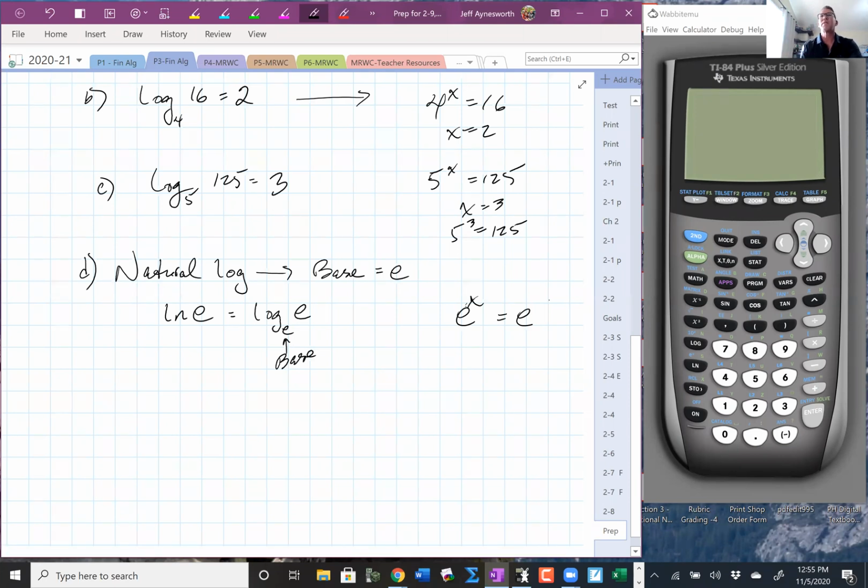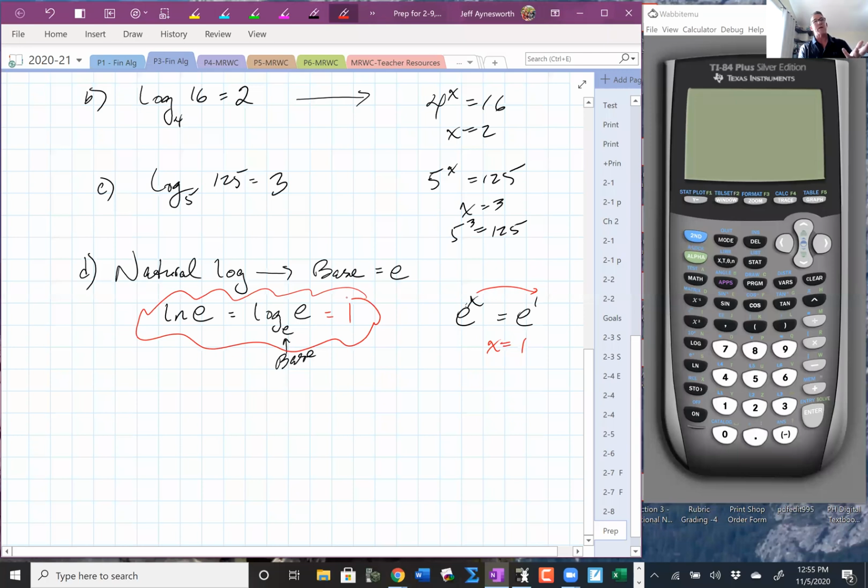Yeah, it's 1. So if I put a 1 there, look at this. X has to be 1 here, guys. And if x is 1, e to the first power is e, all right? This has to be equal to 1. So remember this. This is one of these key things that's going to come up later on, so you better highlight that one. Natural log of e is 1.